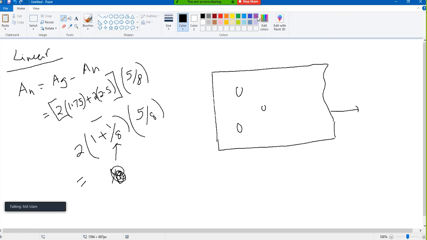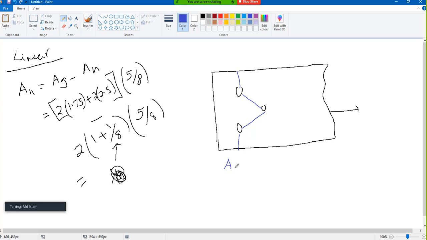Who knows, if my failure goes this way, then this way, then this way, then this way, maybe in this path my area is the minimum, maybe possible. I'm suspecting, so I will check it. How to find it?